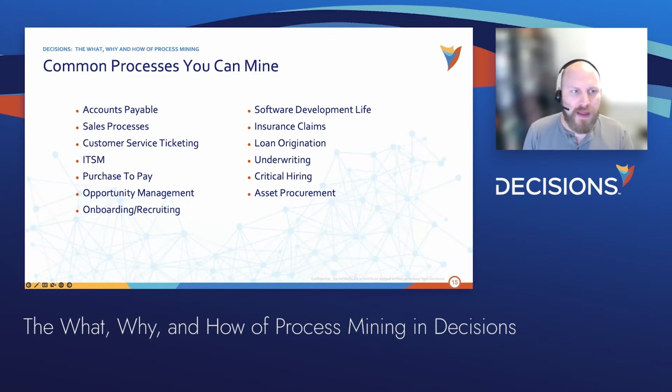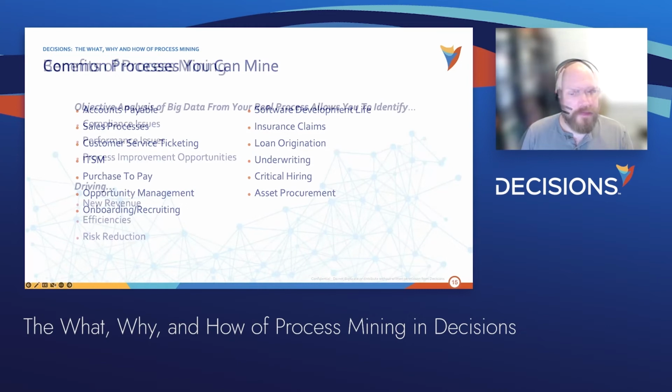You've just spent a long time building this thing in Decisions. Let's make sure that it's going the way that you want it to go, that you're getting the ROI from it that you think that you should, and use that to drive additional places where your process can be automated.